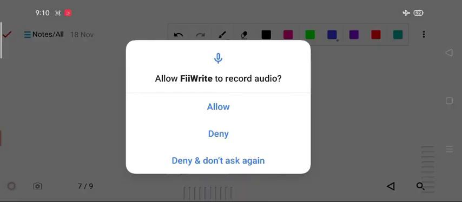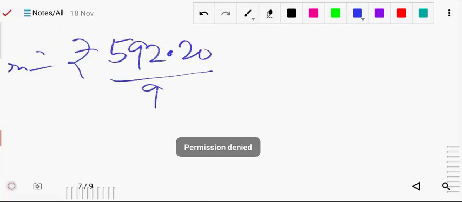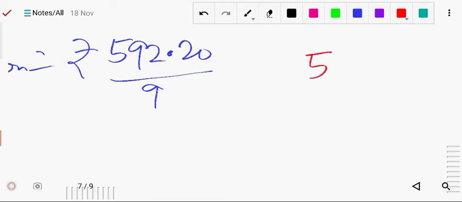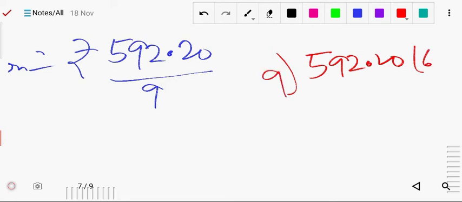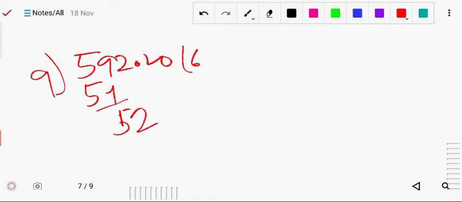So let's divide first. 592.20 divided by 9. How many times? 6 times. 6 times 9 is 54, so here will be 5. Now 2 will come. How many times? 5 times, 45, so here will be 7. Now the decimal comes, so put the decimal there.